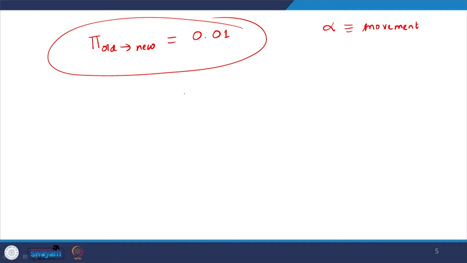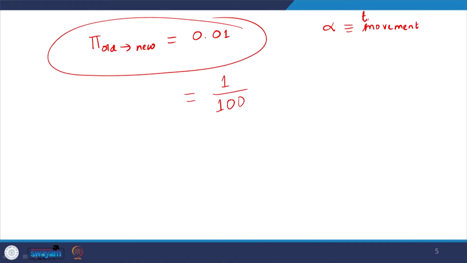That means I should be accepting only 1 out of 100 moves that I make. And the answer lies in the word I already used. I only accept those number of moves which are like 1 by 100 in number.